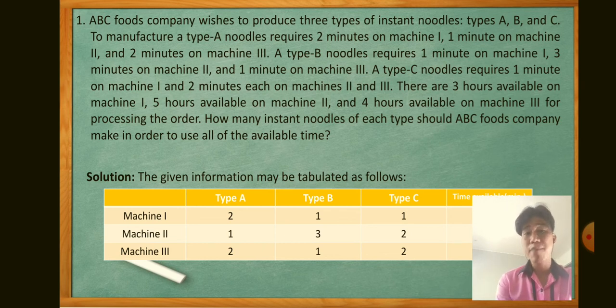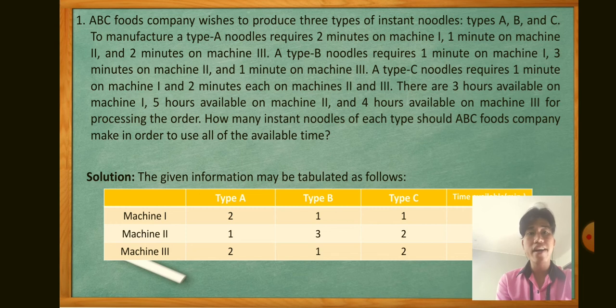Type B noodles require 1 minute on machine 1, 3 minutes on machine 2, and 1 minute on machine 3. Type C noodles require 1 minute on machine 1 and 2 minutes each on machines 2 and 3.